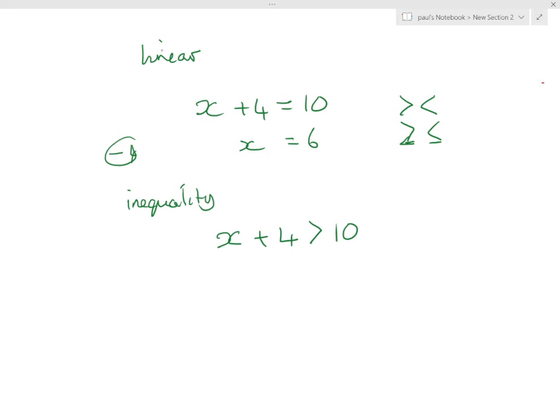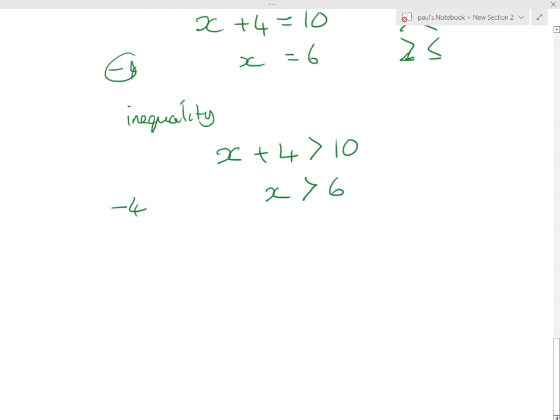So this one, we just subtract 4 to give x is that, and 4 away from that is 6. So x is greater than 6. It has to be, because if it were 6, then 6 plus 4 does equal 10, but we've got to have it bigger than 10. So that's how we do that. And we're just doing the opposite stuff all the time. It's exactly the same as linear equations.